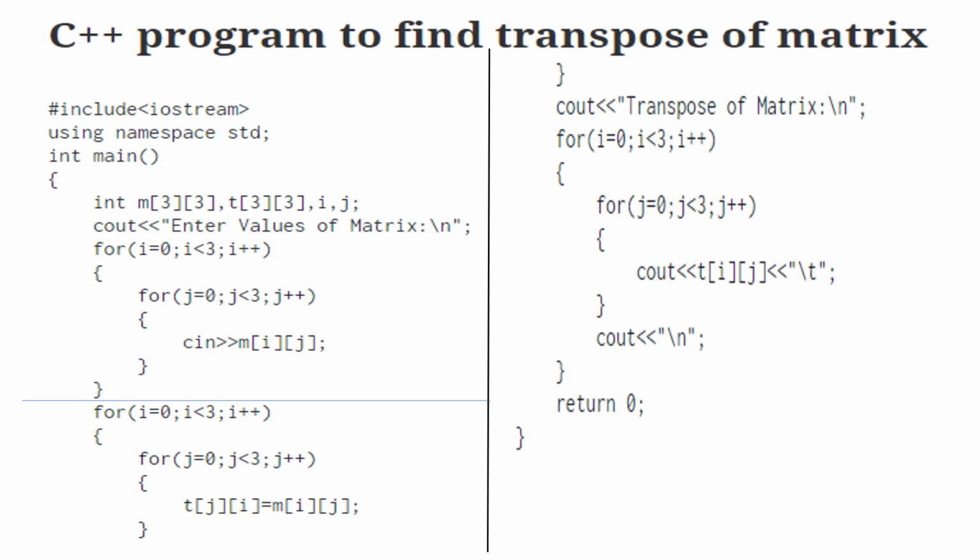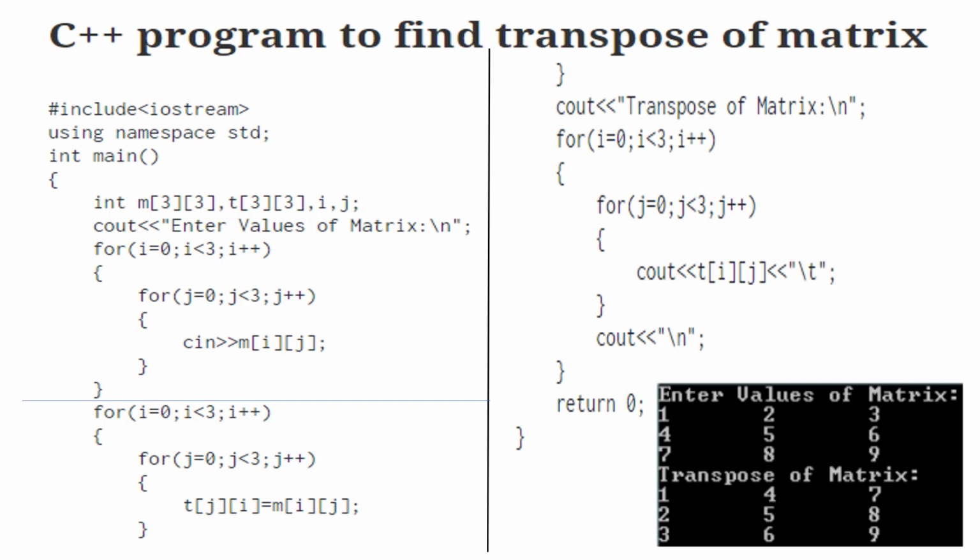Okay. So here you want to get the transpose of a given matrix. We'll see the output also, to know how the coder has programmed it to match the output. Okay, we have the first line, hash include iostream, using namespace std, int main.